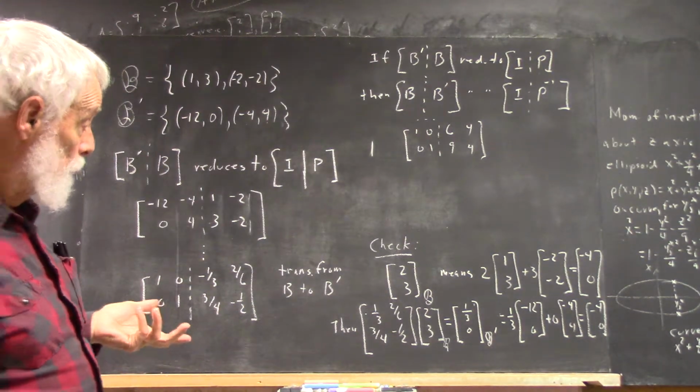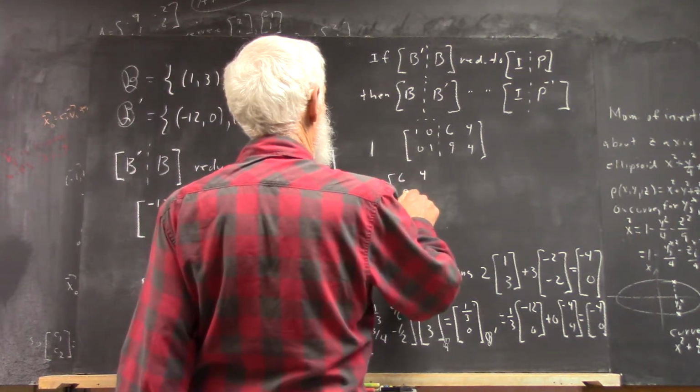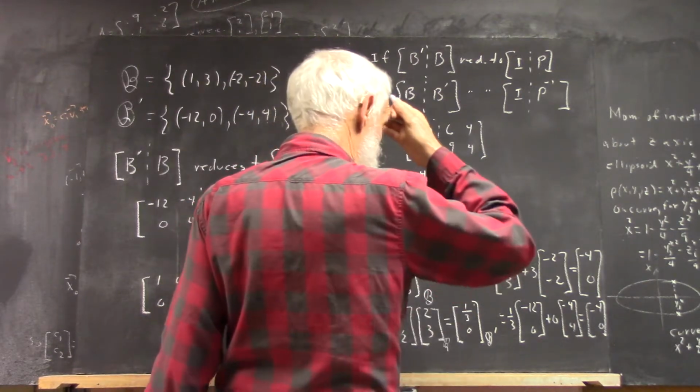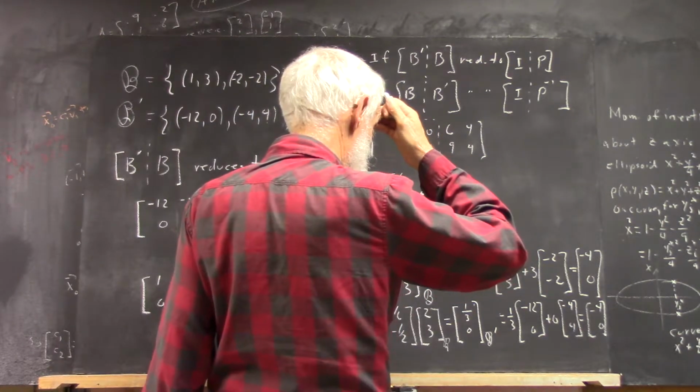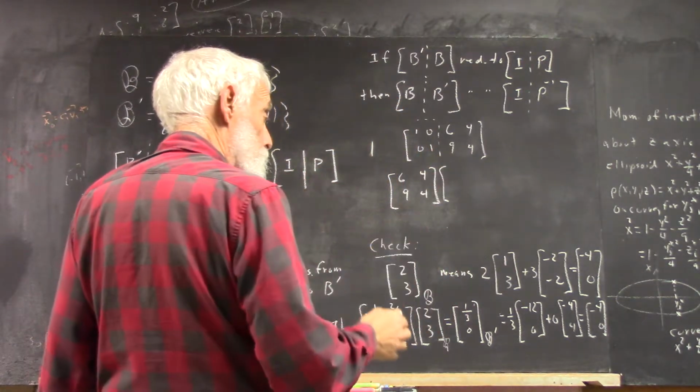You would now check I'm just going to do this. Times, and this should go from B to B prime.